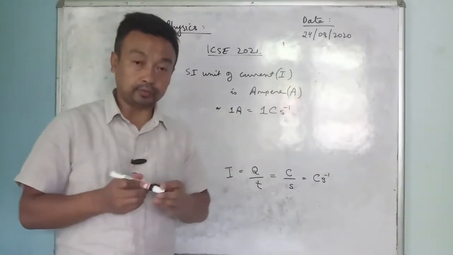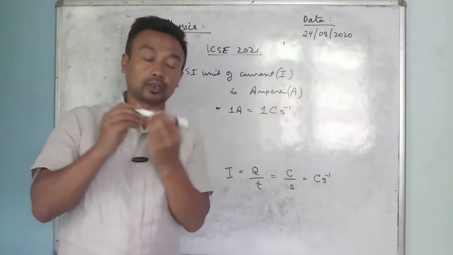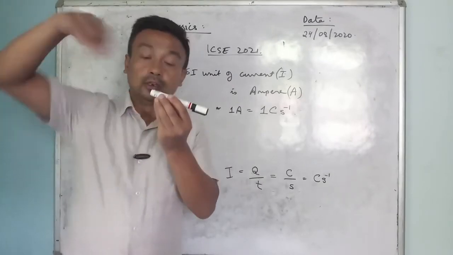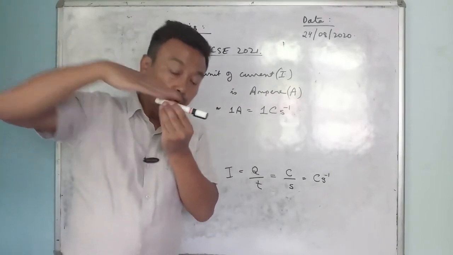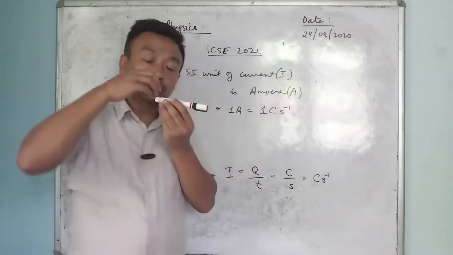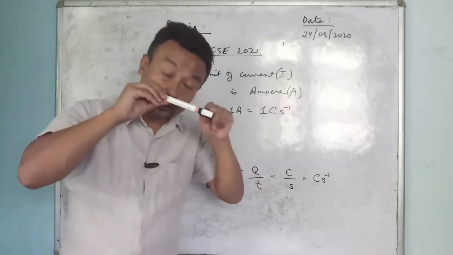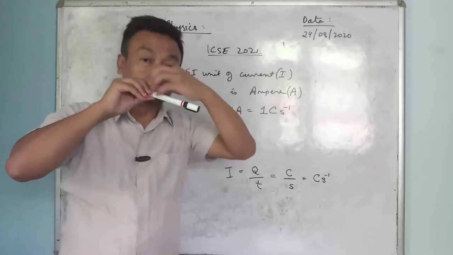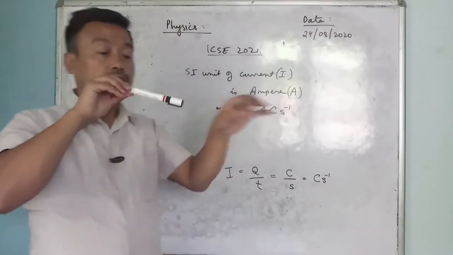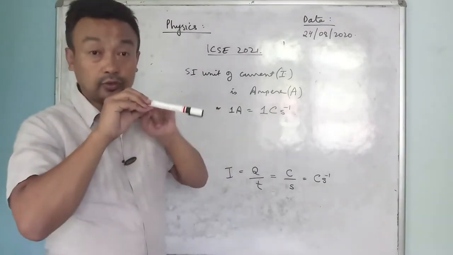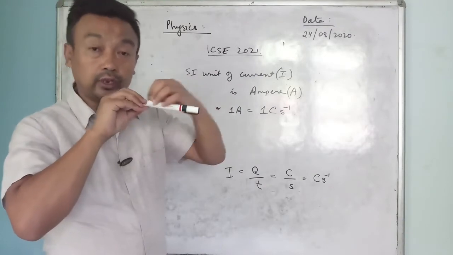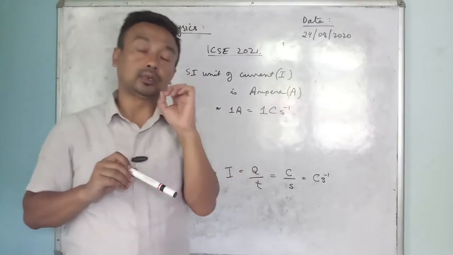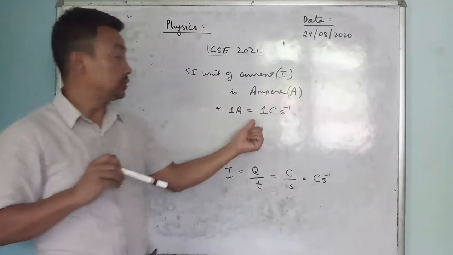Suppose this is a conductor or a wire, and when the current is flowing, that means when the charges present inside the conductor start moving in a given time, as long as the charges are moving, the current is flowing. So how much current is flowing in a conductor? We have to give it in terms of a specific unit, and the unit is ampere.